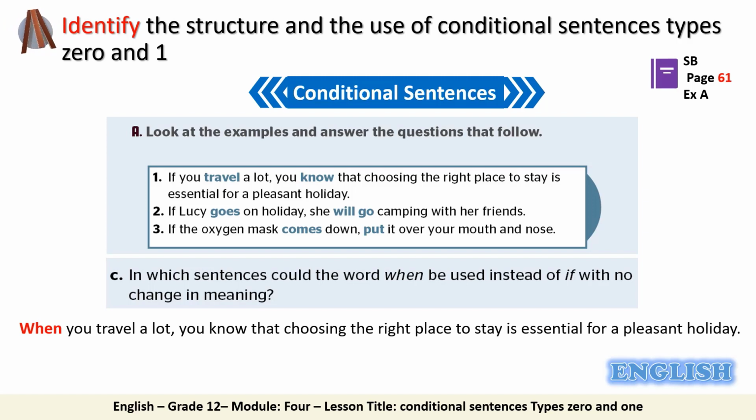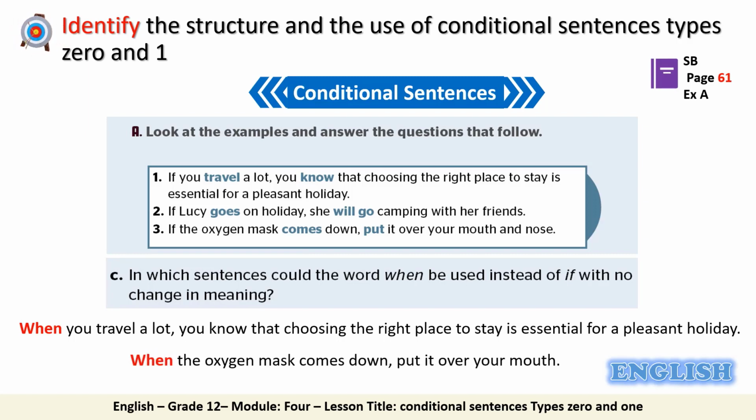And you can say, when you travel a lot, you know that choosing the right place to stay is essential for a pleasant holiday. And also the third sentence, exactly, as you can say, when the oxygen mask comes down, put it over your mouth. And you notice that the meaning of the sentences does not change when we replace if by when.